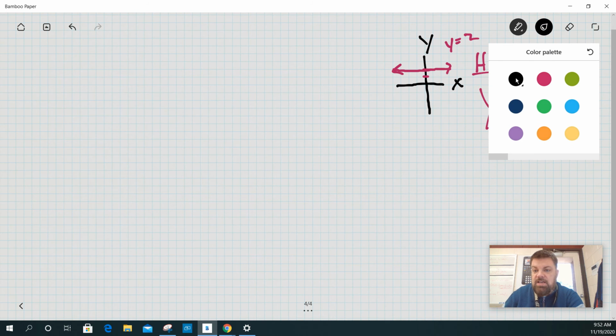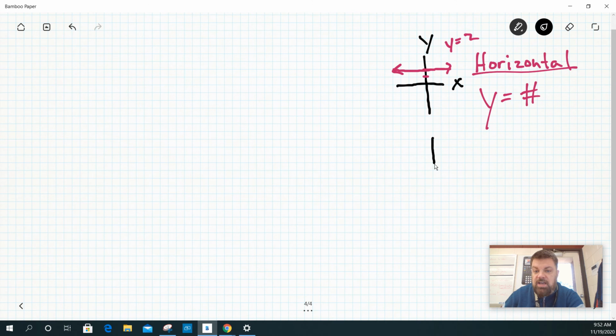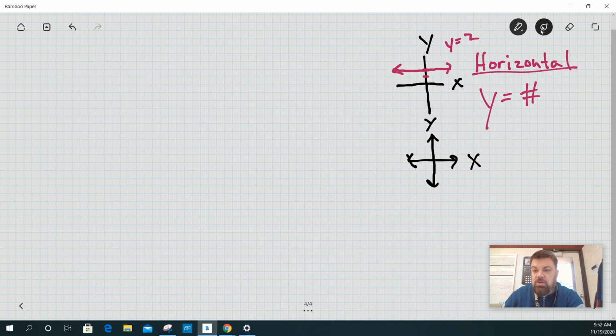Now, another type of special line that we'll talk about today is a vertical line. And so for vertical lines, those look like this.